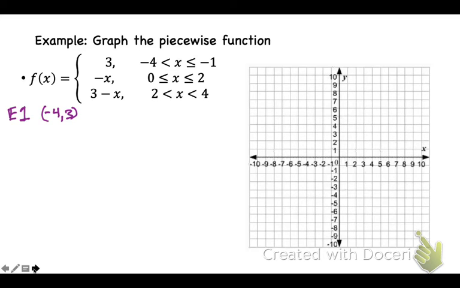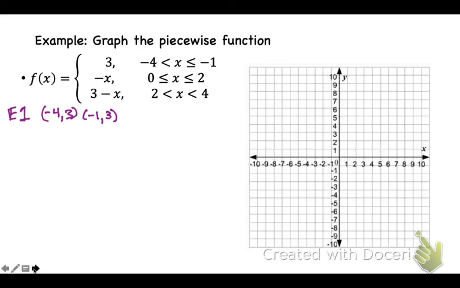It says from negative 4 to negative 1, the answer is what? 3. And when it's negative 1, what's the answer? 3. When it's negative 3, what's the answer? 3. When it's negative 2, what's the answer? 3. Get what I'm saying? But negative 1 is still 3.